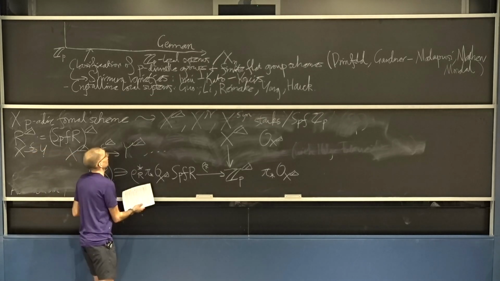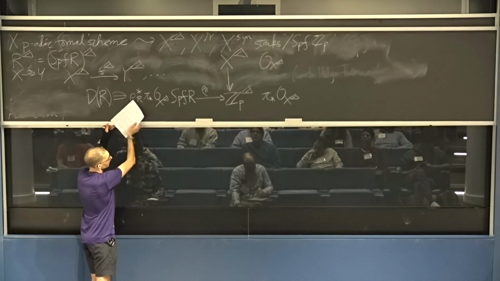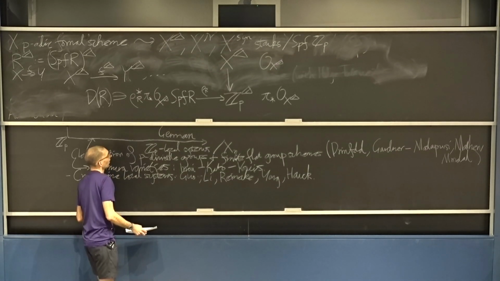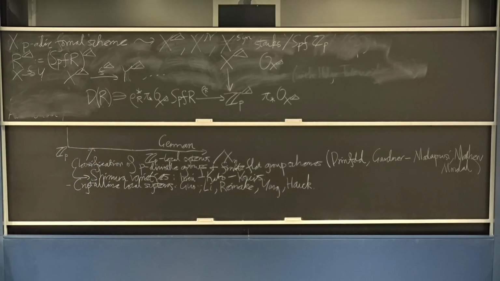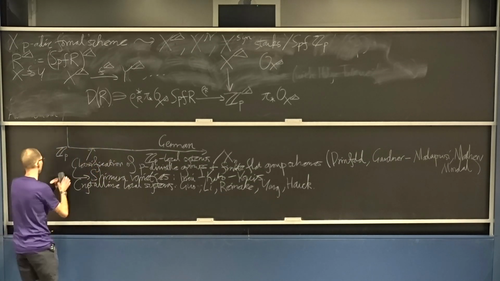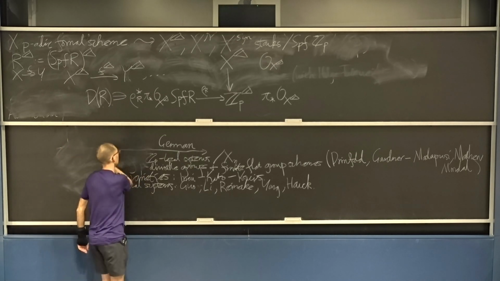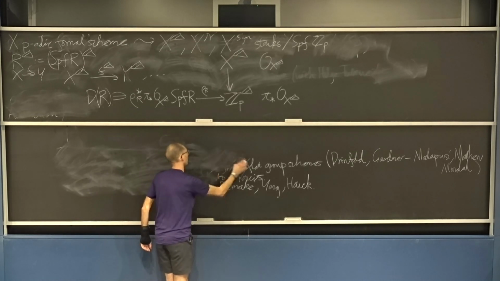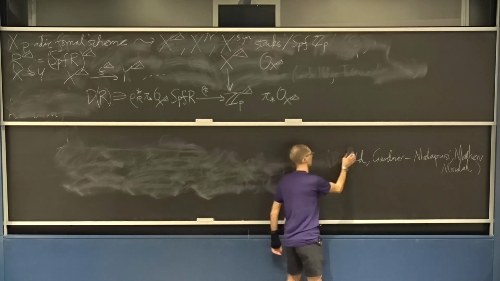But the emphasis today is not about prismatic cohomology, it's about this notion of good reduction. And for that, I want to restate a result of Bhatt and Peter Scholze on a classification of, well, not just crystalline representations, but lattices in crystalline representations.